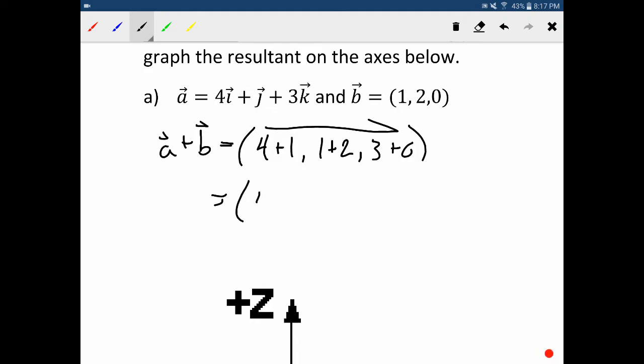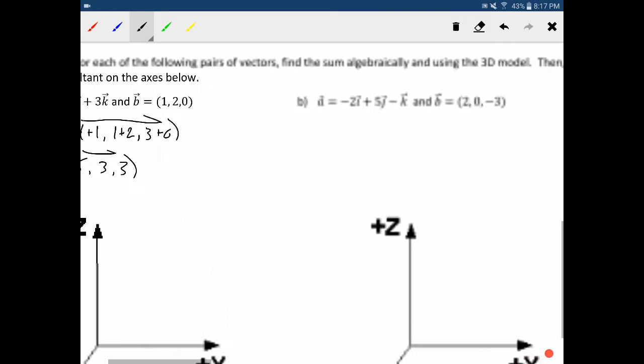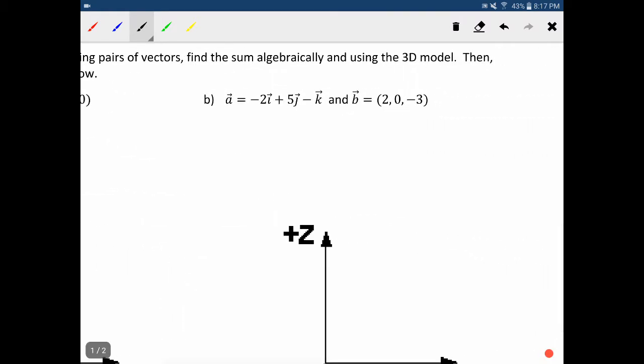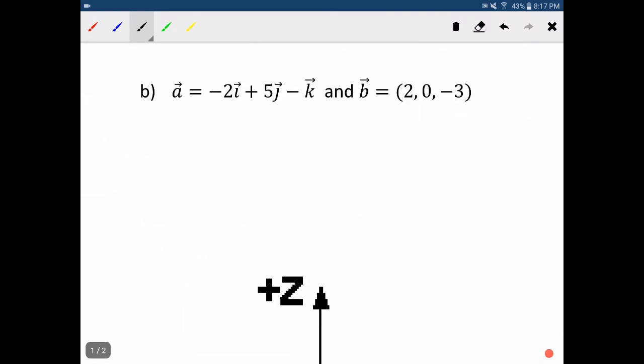So we've got 5, 3, 3. I'm not going to draw that because you can do that on your own.